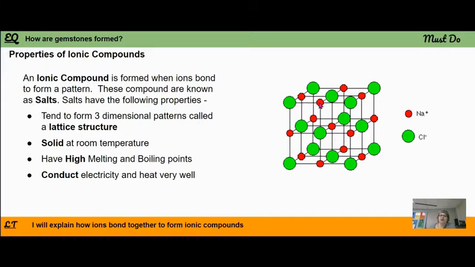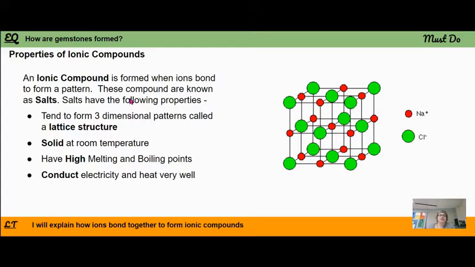You can see the line here is longer, so it's not as strong a force as the one interacting between these two. But as you go, they flip-flop and form what's called a salt.